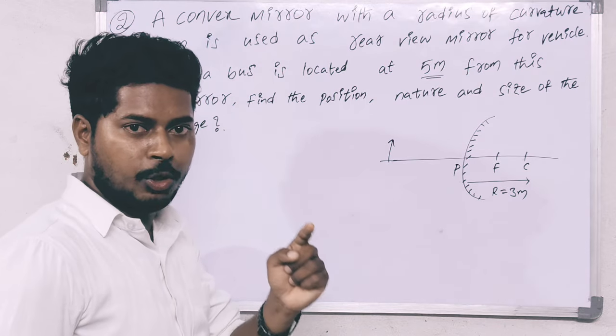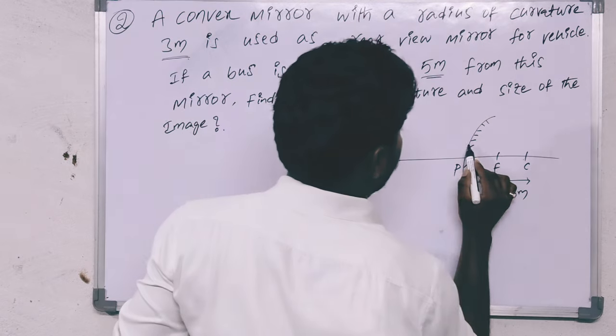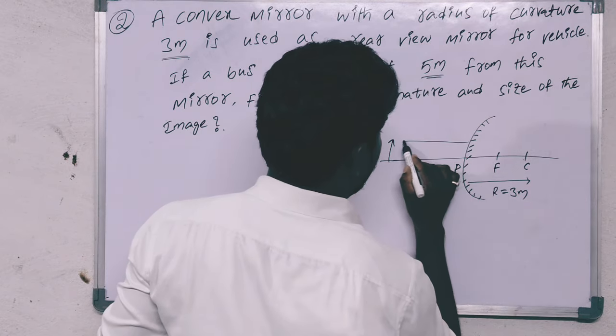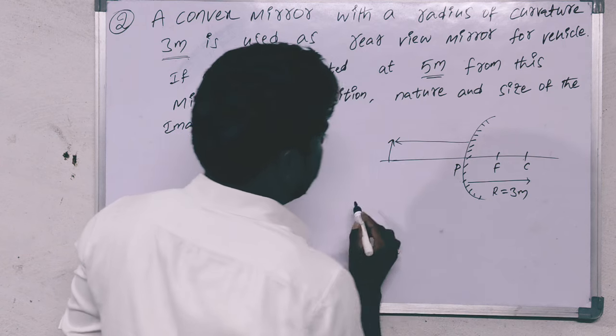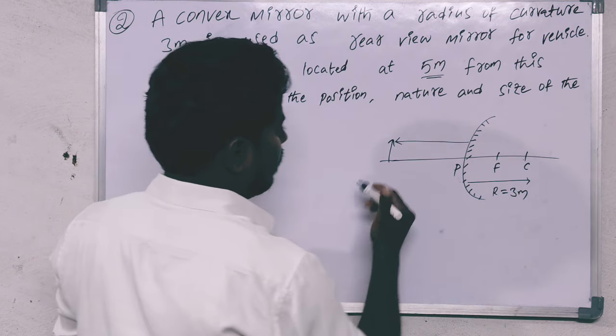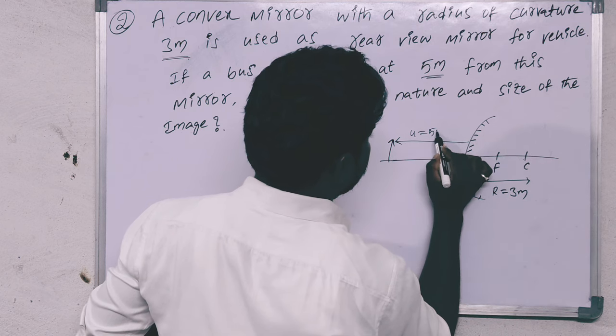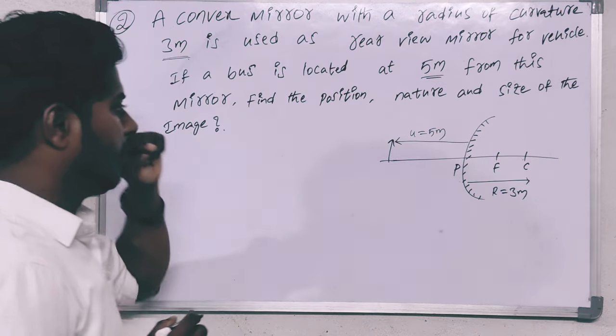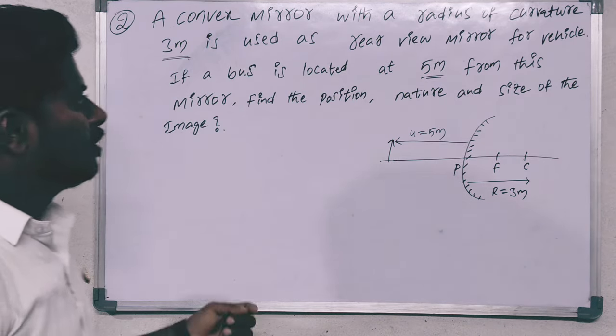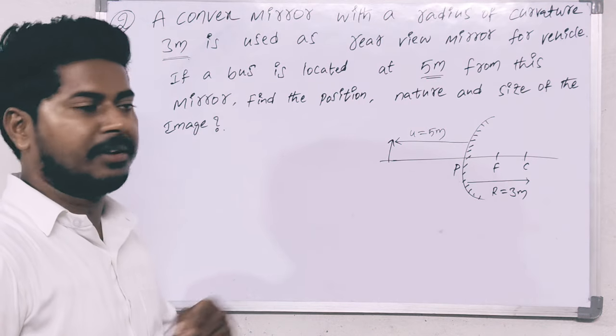Every distance should be measured from the mirror, so the direction of object distance is towards left. So that is U equals 5 meters. Now this time also we can use the mirror formula.